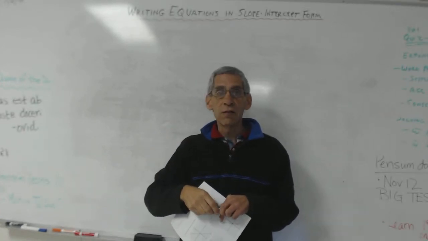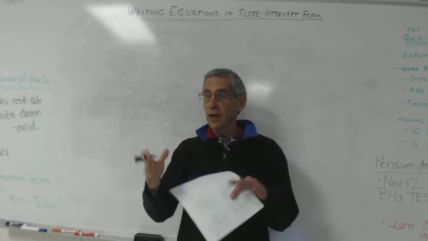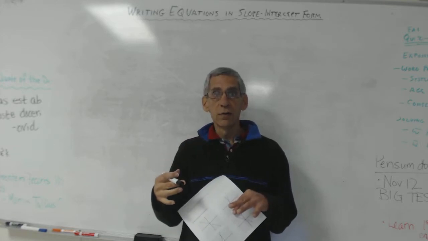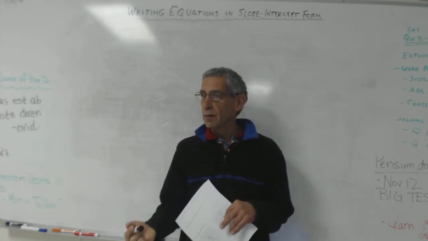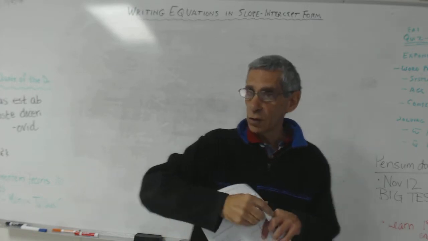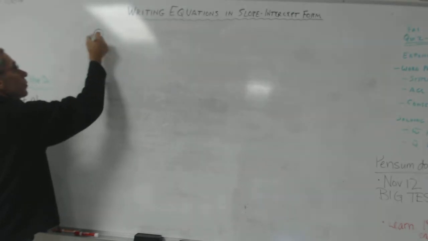Now sometimes I'll give you a graph like we did on the homework last night. And I just drew a line and I said, what's the equation? And you have to figure it out, right? But sometimes I'll give something to you in words, and I'll ask you to do something in words. So if I said, number one, this will be our first example.